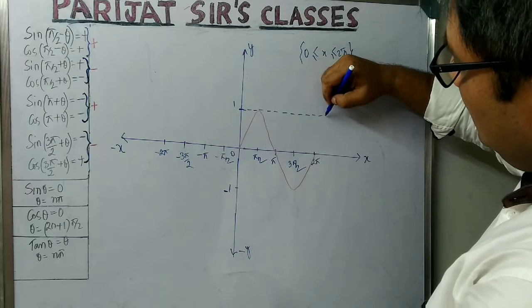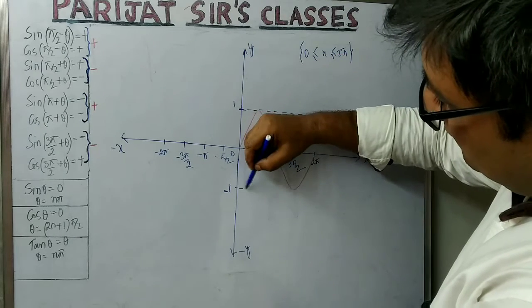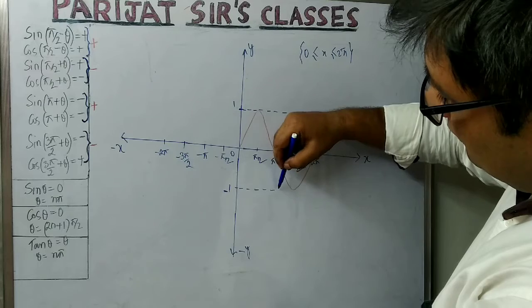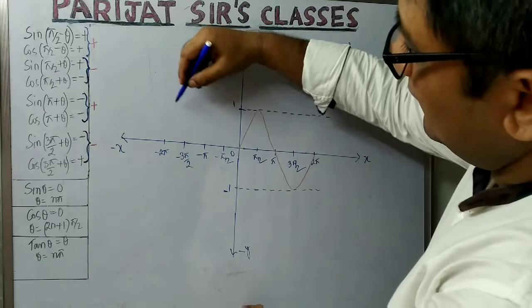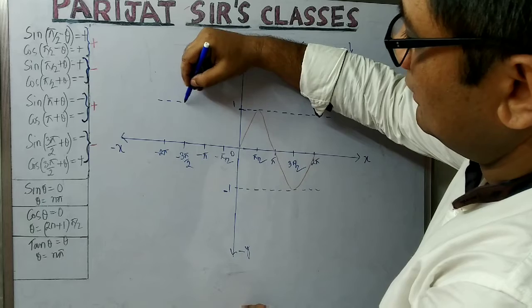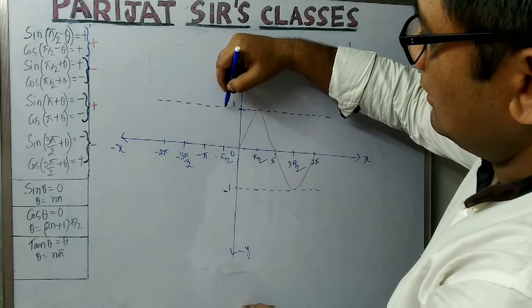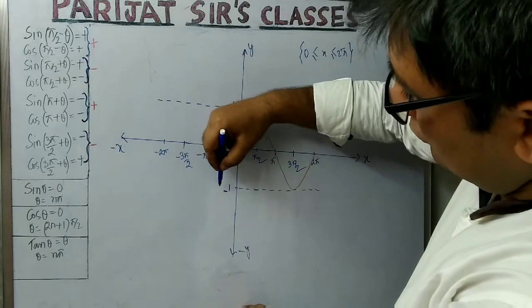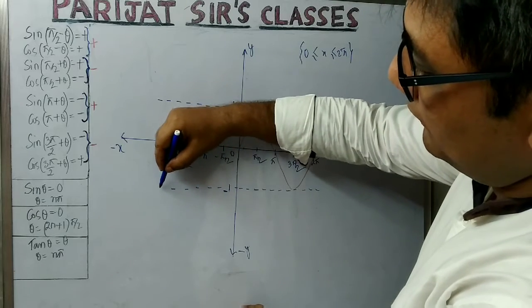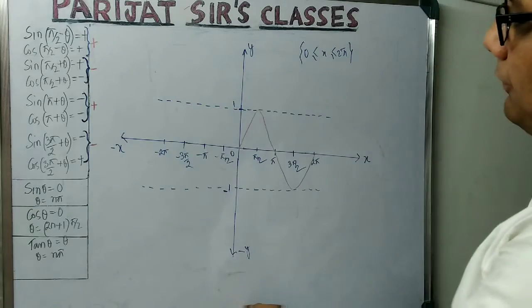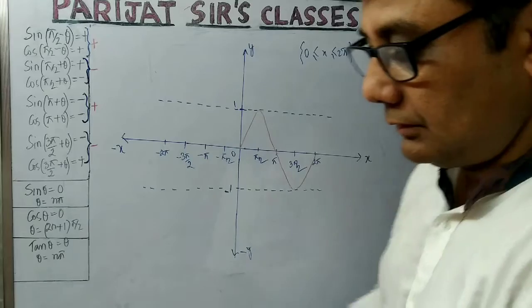So if I plot the graph on both sides, you'll see that the value of the sine is varying.